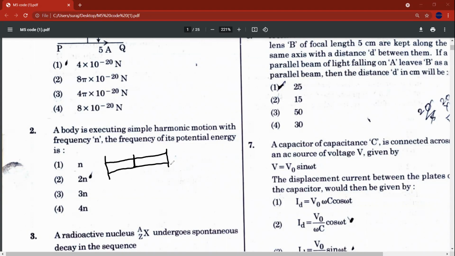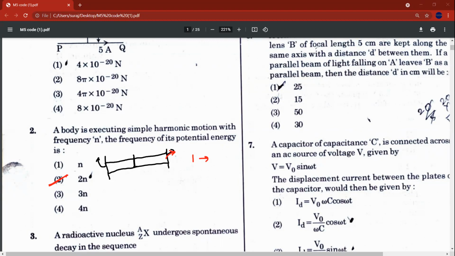In one complete cycle, how many times is the potential energy maximum? 2 times, at the extreme positions. So for one complete cycle, potential energy reaches its maximum value twice. That means its frequency is twice n, right? Option 2 will be correct.